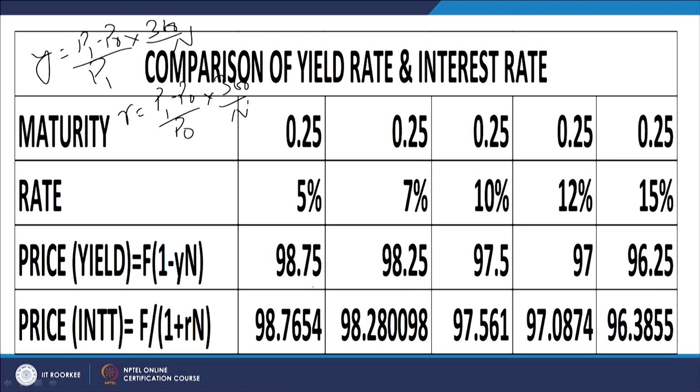So, for a maturity of 90 days, if the rate is 5%, using the first expression, the discount yield, I arrive at a price of 98.75, because this is very clearly 1/4 of this. So, that works out to 1.25. So, 100 minus 1.25 works out to 98.75. But if I use the second one, the interest rate expression, I get 98.76.